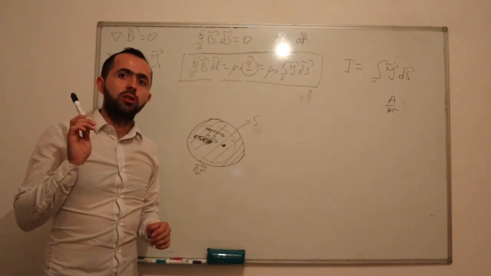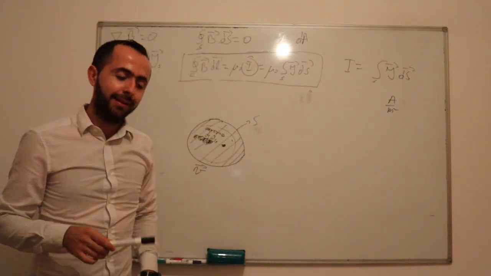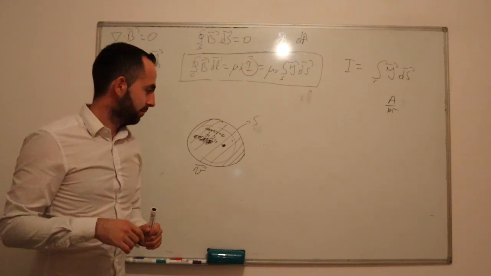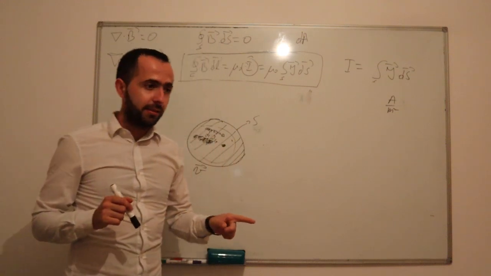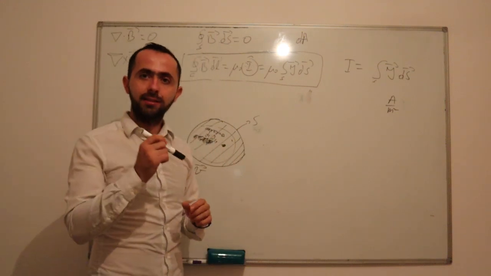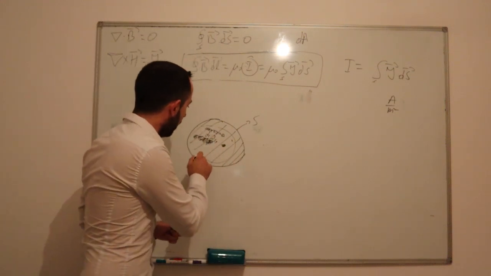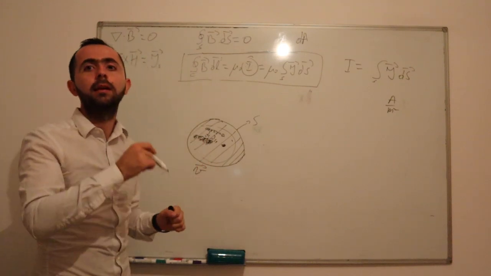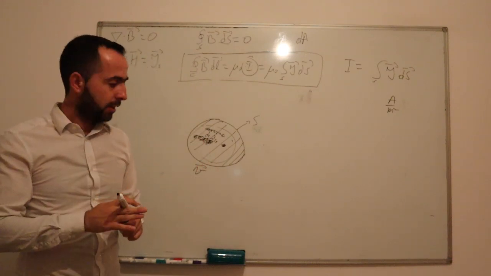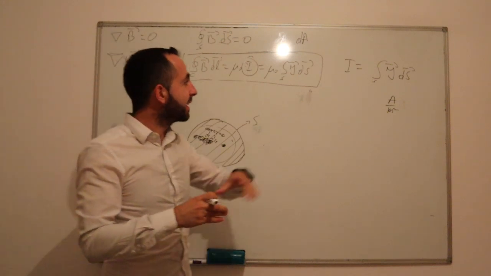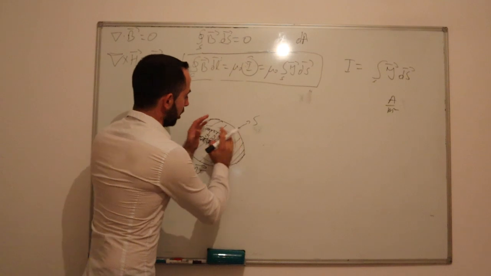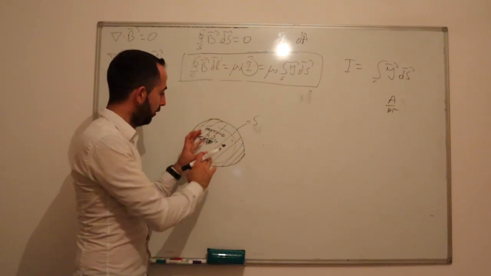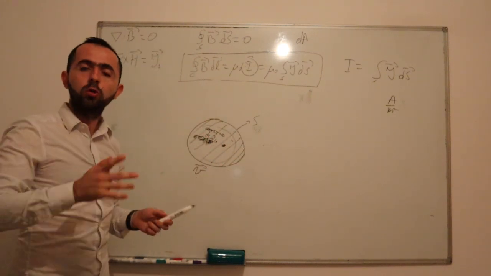Because in this definition that I told you about a vector, one small sentence is missing. Yes, everything that has this, but at every point of space, is a vector. Because of that, the current, because of its definition, is all charges of this surface, of this space, through time.